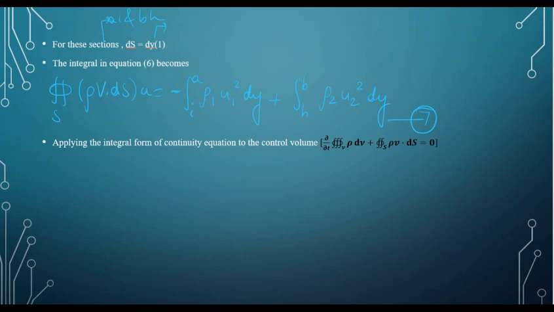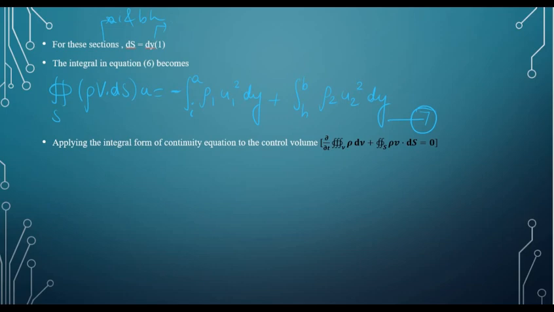Why do we have this minus sign? Because v and ds are in opposite directions along AI. When it comes to the station BH, they are in the same direction, that is the outflow. That is why the second term has the positive sign.